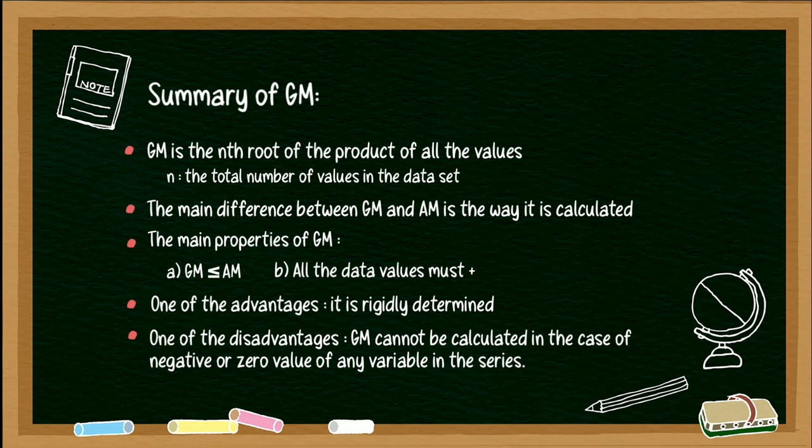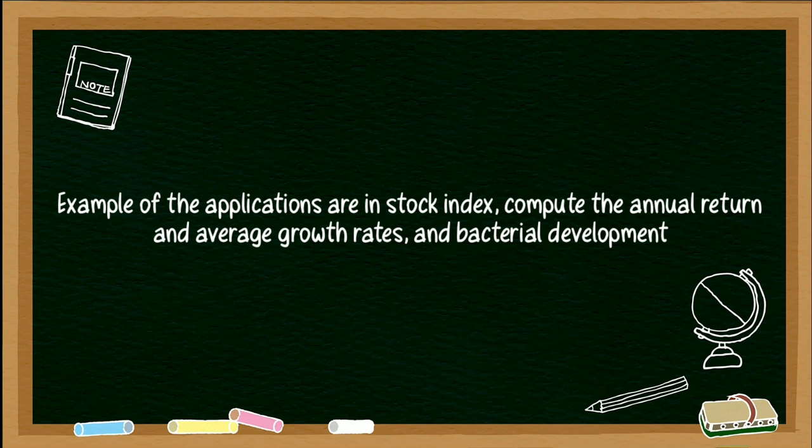One of the advantages, it is rigidly determined, and one of the disadvantages, GM cannot be calculated in the case of negative or zero value of any variable in the series. Examples of the applications are in stock index, computing the annual return, average growth rates, and bacterial development.